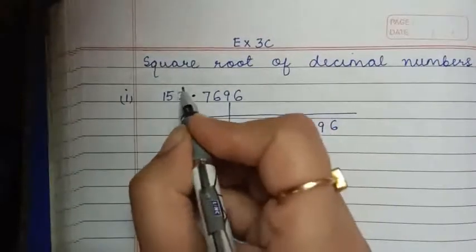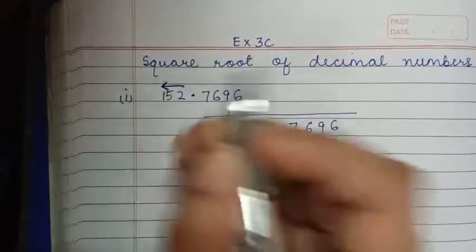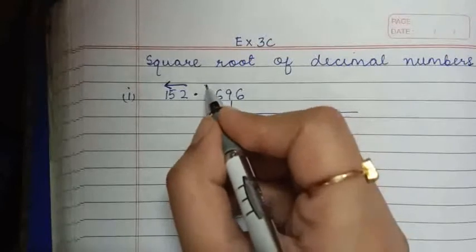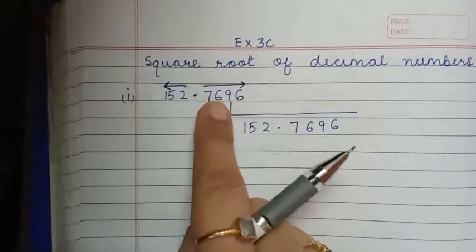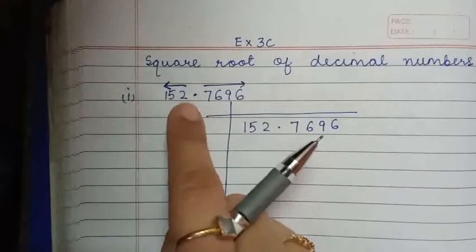Before the decimal is 152, and we will start pairing from the right side. After the decimal, this part is 7696, in which the formation of pairs will start from the left side.